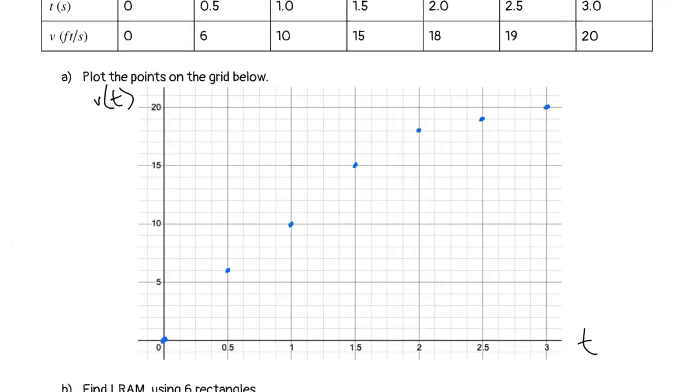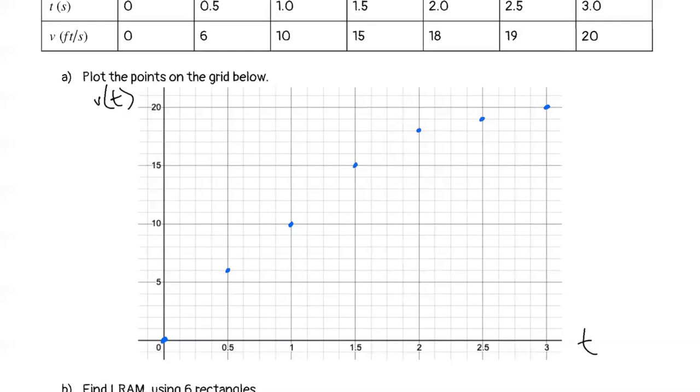What is that area going to tell me? Exactly. The area under this velocity curve will give us a measure of how far the runner went.